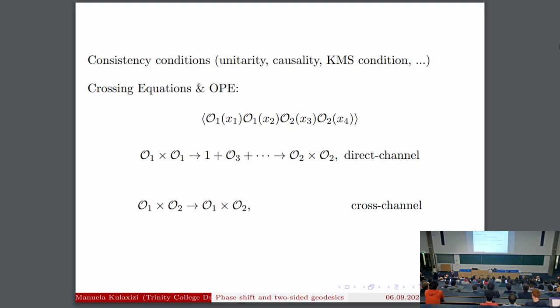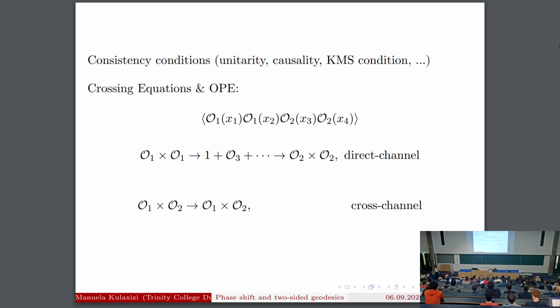In general, in this game, what we use are consistency conditions: unitarity, causality, and the periodicity condition when we look at thermal CFTs. For CFTs we also have the consistency conditions of crossing equations and the OPE.